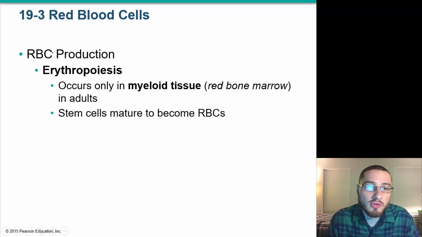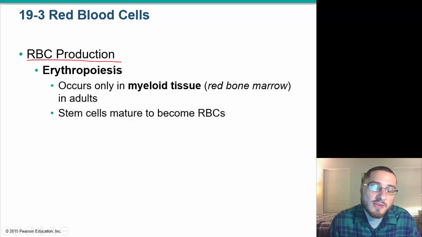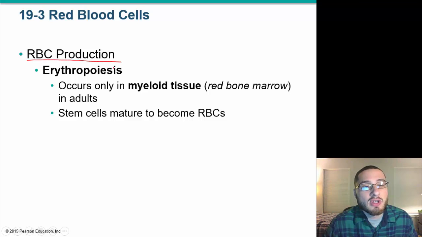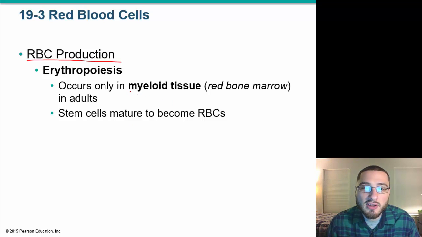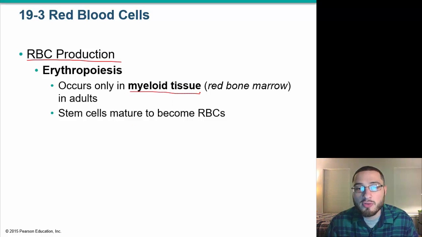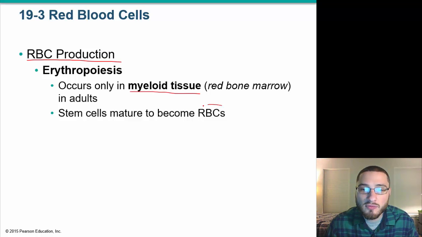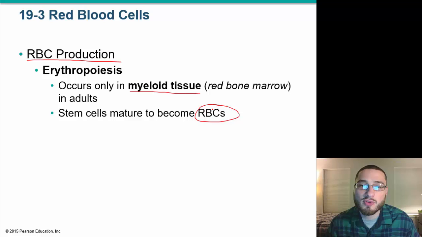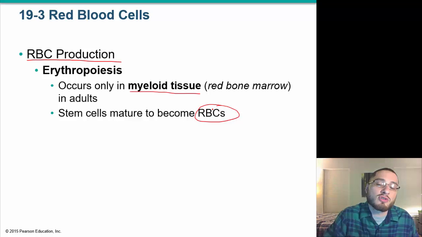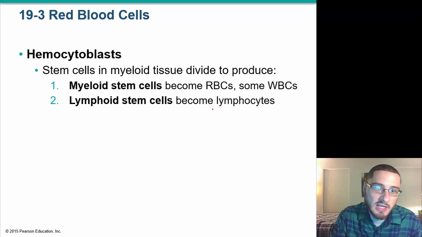Erythropoiesis is what we call red blood cell production. Sometimes we'll say red blood cell production, but erythropoiesis is the real name for that. It occurs only in myeloid tissue, which is red bone marrow in adults, and stem cells mature to become these red blood cells. Those myeloid stem cells are going to mature, and they're going to become red blood cells.